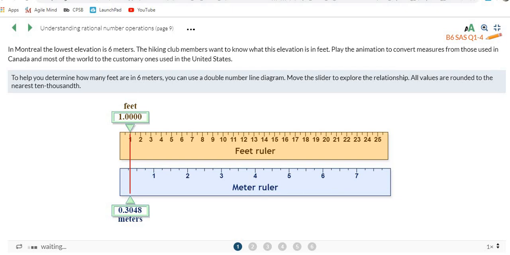And it's showing that 1 foot represents how many meters? Okay, I think that's your first blank in your table, right? 1 foot represents 0.3048 meters. So record that in your table.